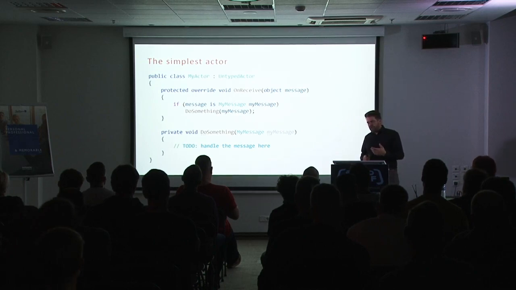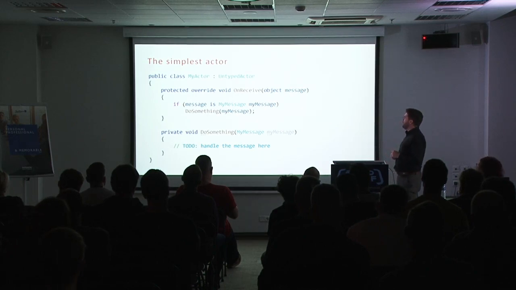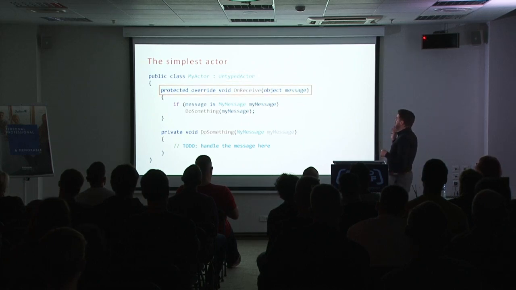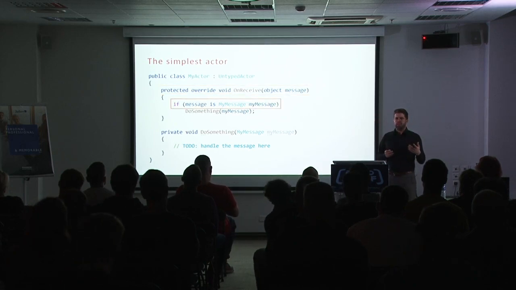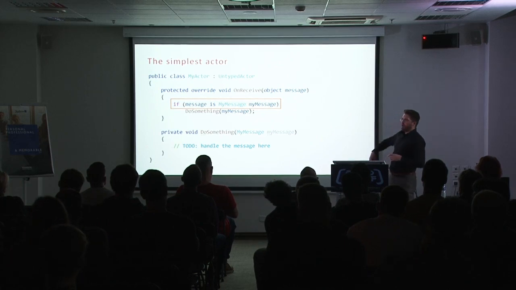Now, what does that look like in your code? You inherit from UntypedActor, and you implement the OnReceive method, right? Objects are coming in, but they're actually typed, so you can inspect the type of message that you're getting and act accordingly. This is the untyped version.